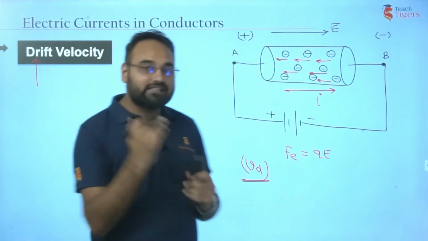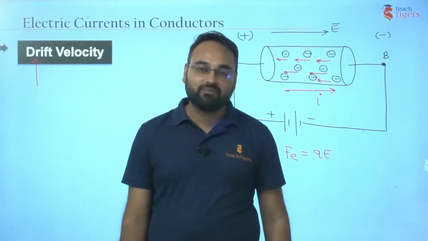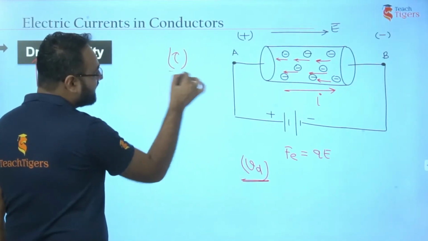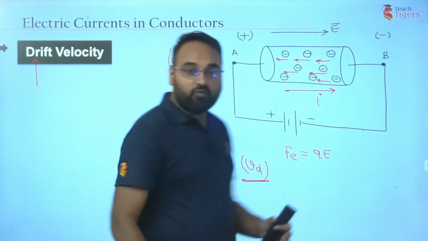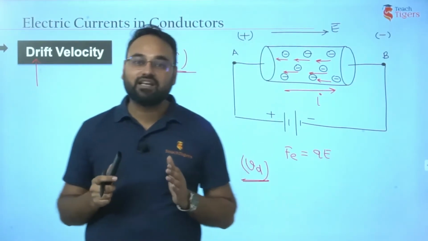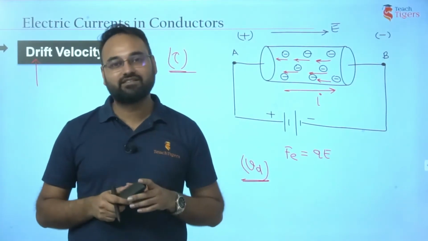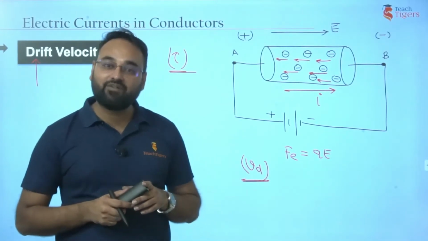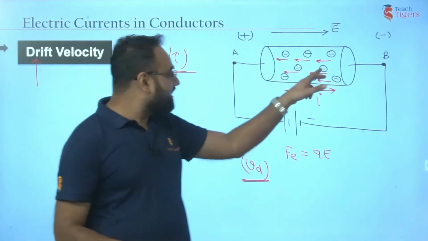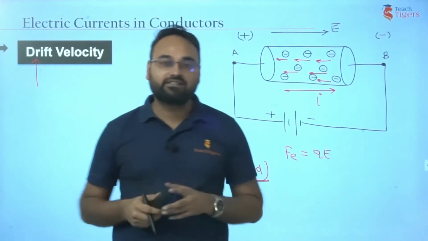Then next term, a very important term that comes is called relaxation time, and it is represented by the letter tau. Now what is relaxation time? Relaxation time is basically the average time between two successive collisions. Which collisions? The collisions of these electrons with the atoms and ions.